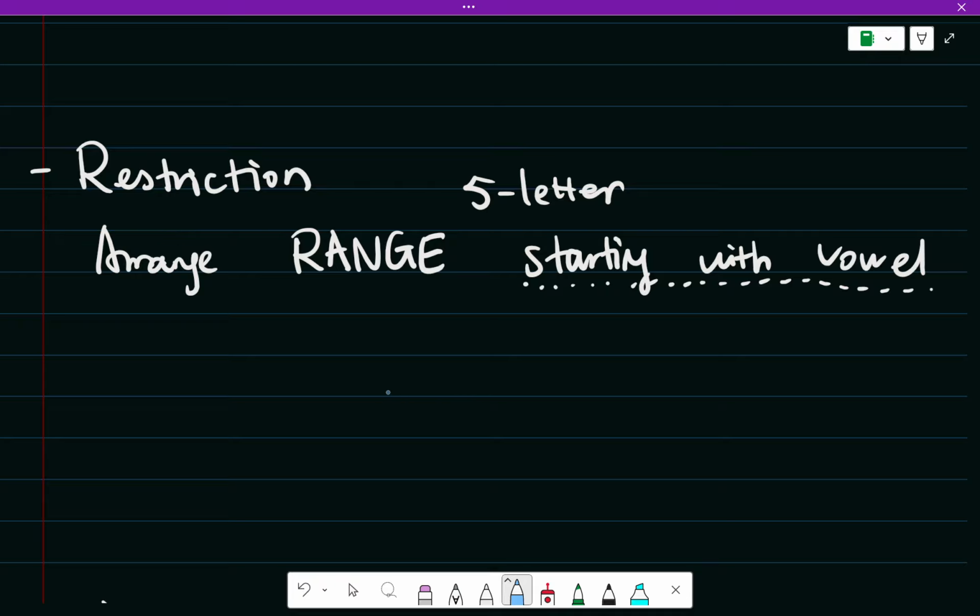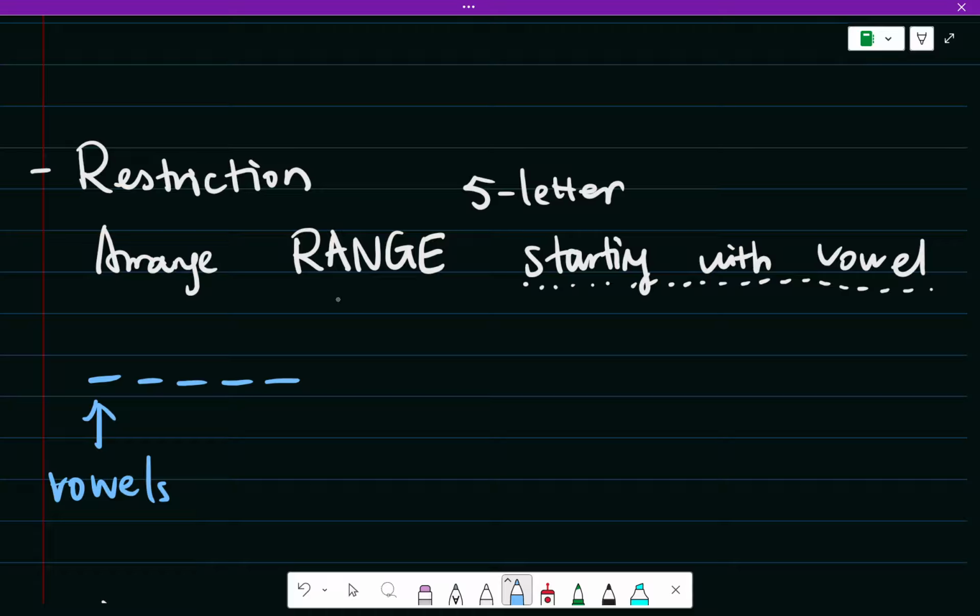So in this question, we're arranging a 5-letter word and using all the letters here, and there's no repetition in the word range, which is good. And we need to start with a vowel, which means the first position can only accept vowels.